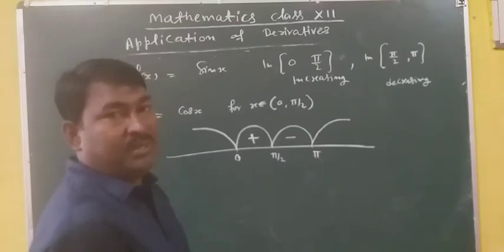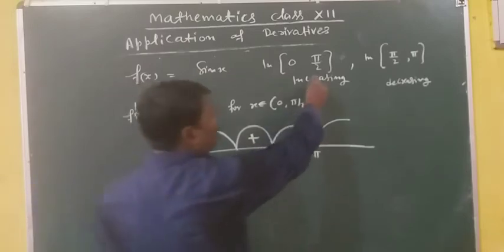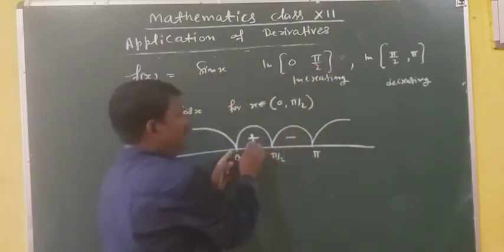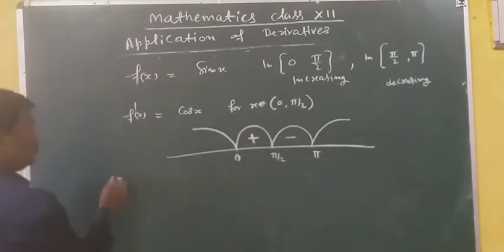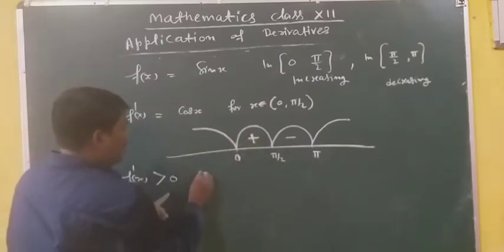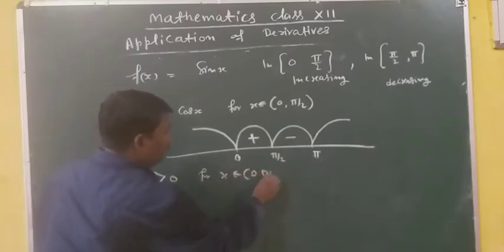It will be negative. So you need not check for all these. Here you have two intervals only. From 0 to pi by 2 its value is positive, so it is obvious that f dash x is greater than 0 for x belongs to 0 to pi by 2.